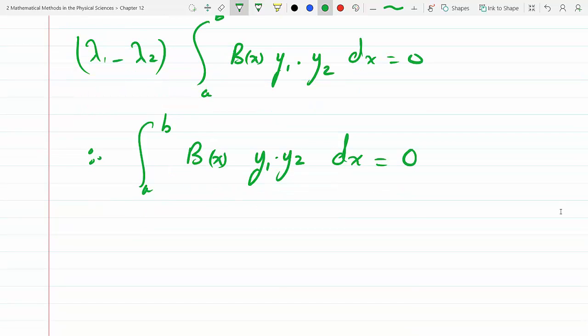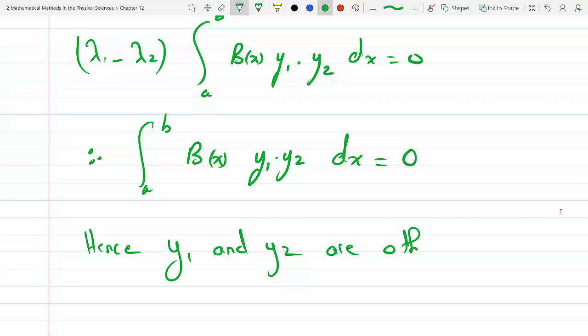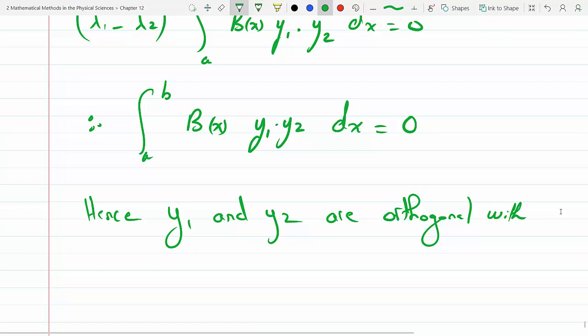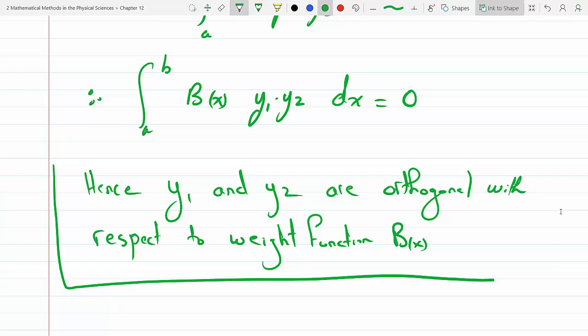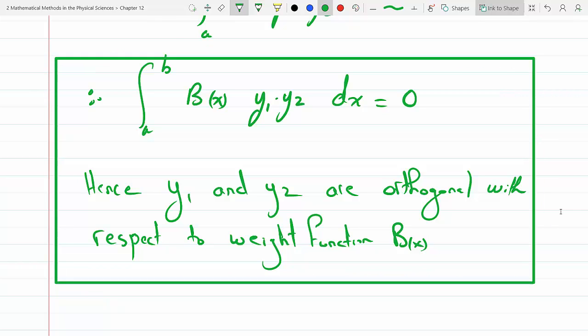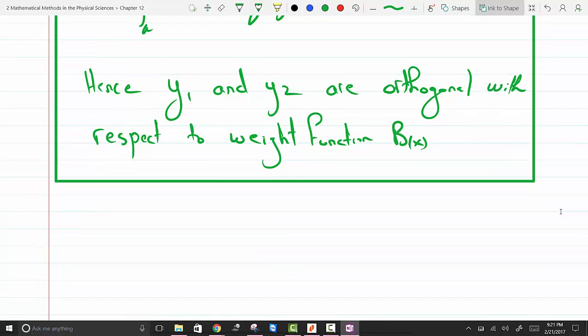And since the integral of y1 times y2 weighted by the function b of x equals 0, we've proved that y1 and y2 are orthogonal with respect to the weight function b of x, because that's the function that's left inside the integral. This concludes the proof.